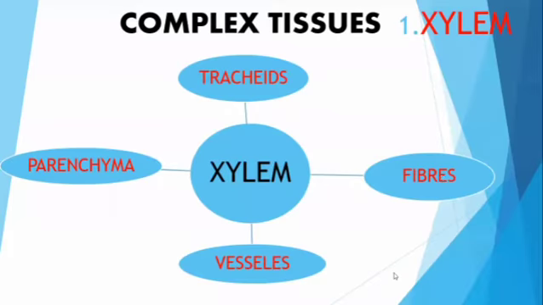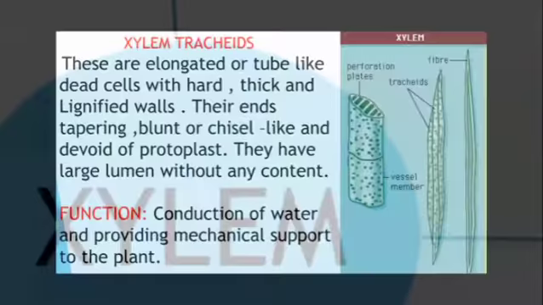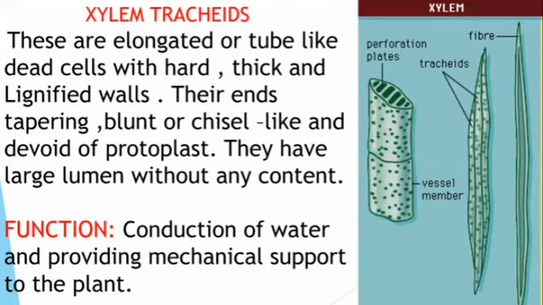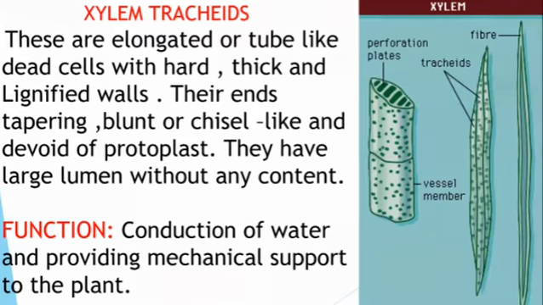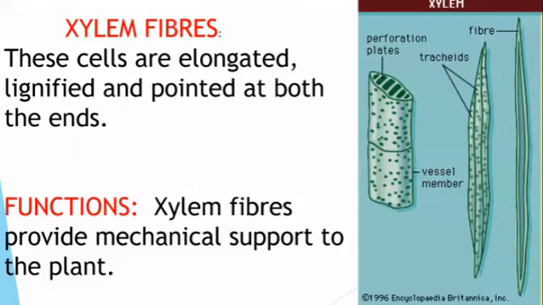So we have now studied the complex tissue xylem: xylem tracheids, xylem fibers, xylem vessels, and xylem parenchyma. Xylem tracheids: the main function is conduction of water and providing mechanical support to the plant. Xylem fibers provide mechanical support to the plant.